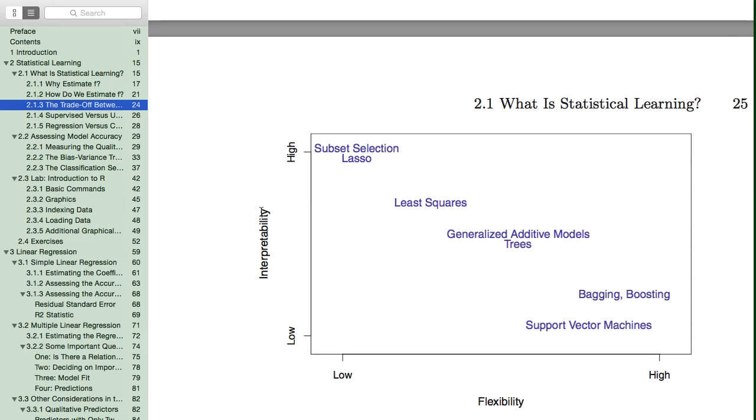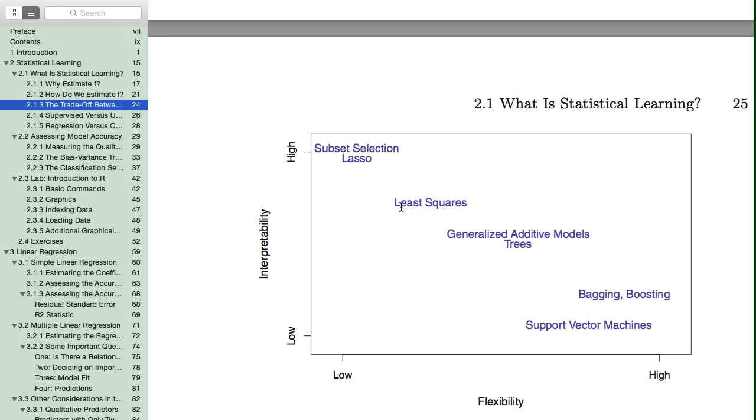Now, interpretability has to do with what we can say about the model. With linear regression, we can say a lot about what's going on. The machine is very transparent. This is least squares. It has a very high degree of interpretability, but it has a low degree of flexibility.